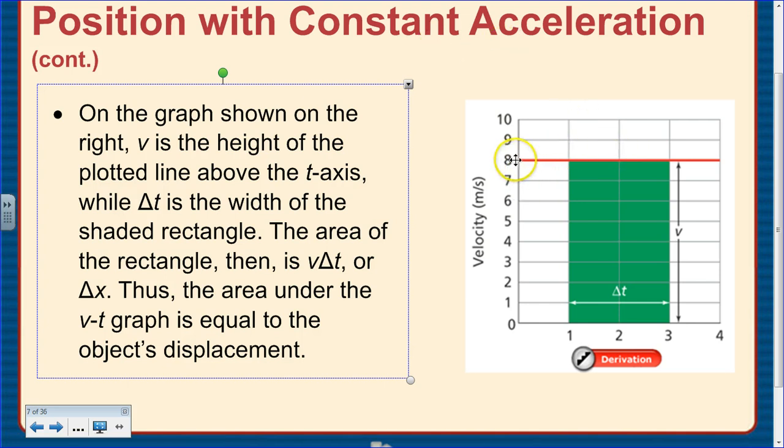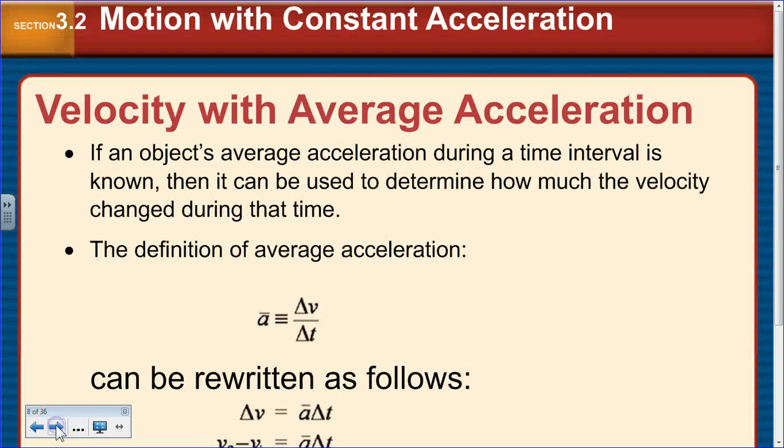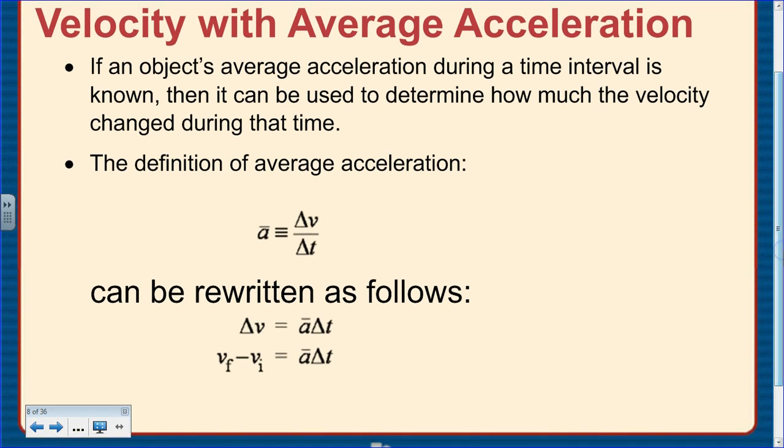It's at 8 meters per second here, there, and so on and so forth. It's always at 8 meters per second. So we can then figure out how far it travels between the first second and the third second. We have a change of 2 seconds at 8 meters per second. It's going to be 16 meters that it changes. Okay, so that's if we have a constant velocity.